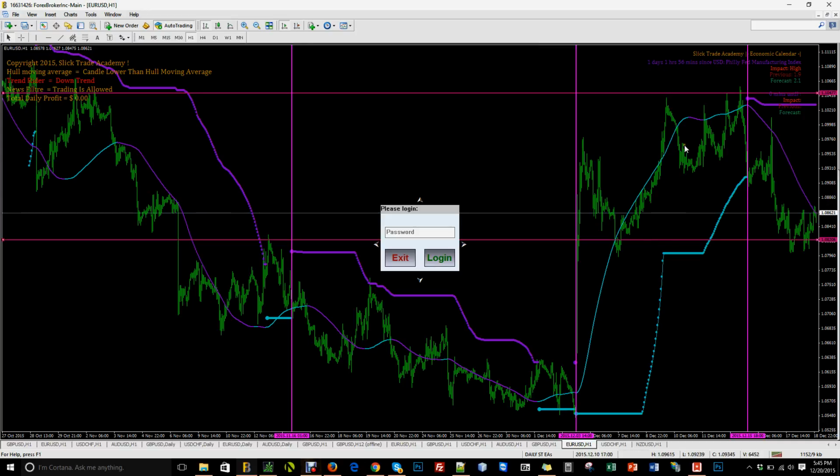And it was still going up. You can gain a decent amount of pips if you're just patient, okay? I don't like to stare at a chart all day. I like to just let my trades go with Forex, okay?